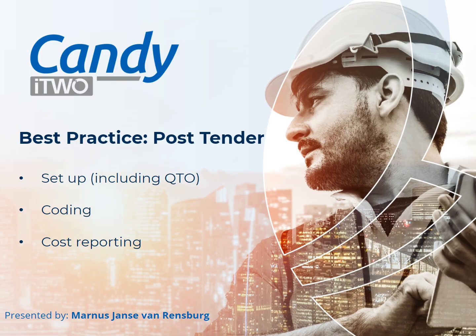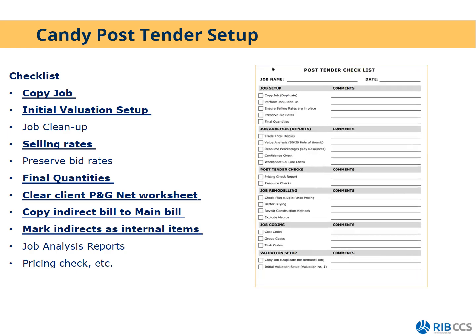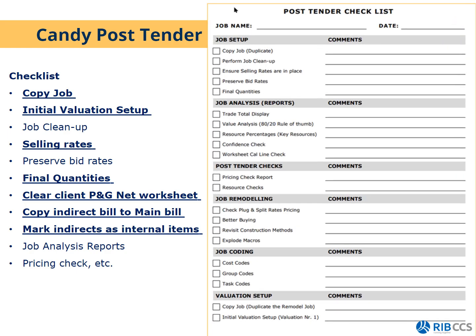I will then be taking you through best practices for post-tender project control. When setting up a job for valuation number 1, in our training, normally we recommend that you go through a detailed checklist to make sure that the job is in a good condition to use for post-tender use in Candy. This checklist is listed on screen at the moment.